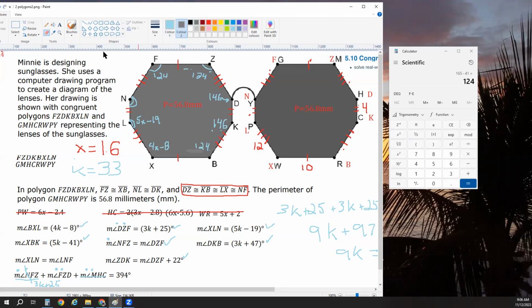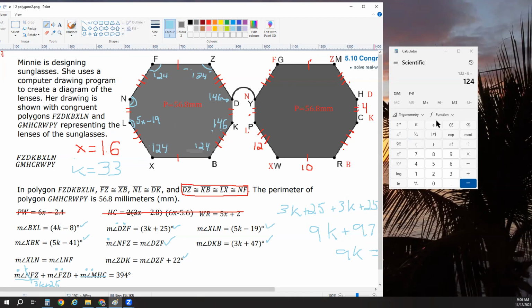Okay, now I've got 4x. 4 times 33 minus 8. That's 124. Hey, those are congruent. That's cool. Hey, these work. That's nifty.